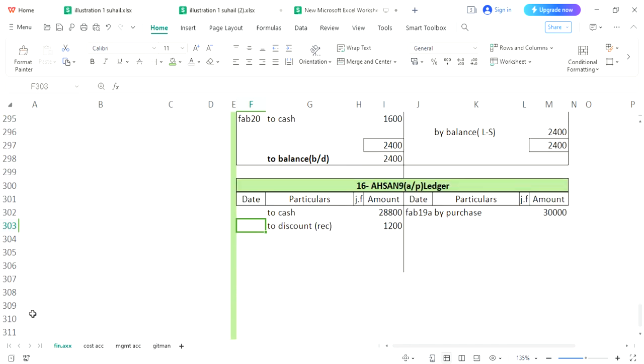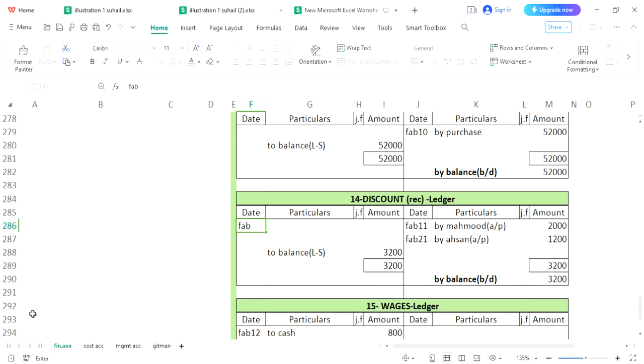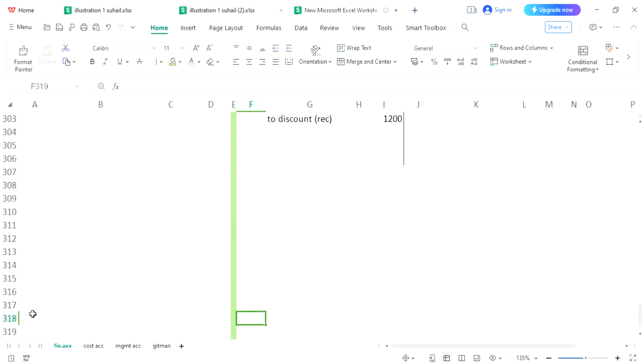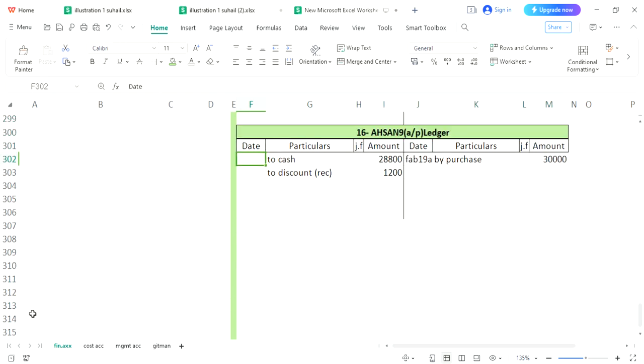So put date February 21 in the date column in front of cash, and the same date you will be using for discount as well. This backslash is not necessary to be written.